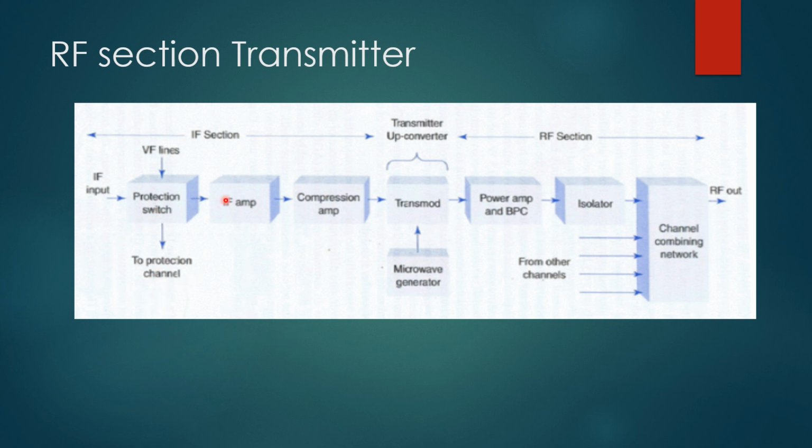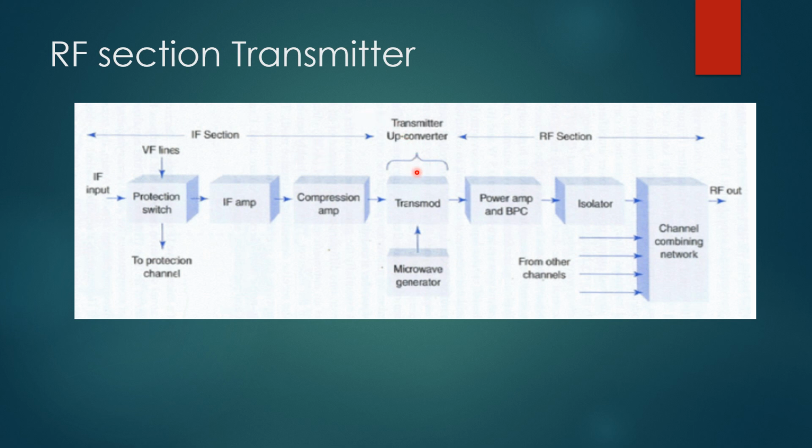In the protection channel also these components will be present. The duty of these IF amplifiers and this compression amplifier is to maintain this IF signal. We know the range of the IF in microwave communication, so we have to keep this IF at a required level and give it for further up conversion.